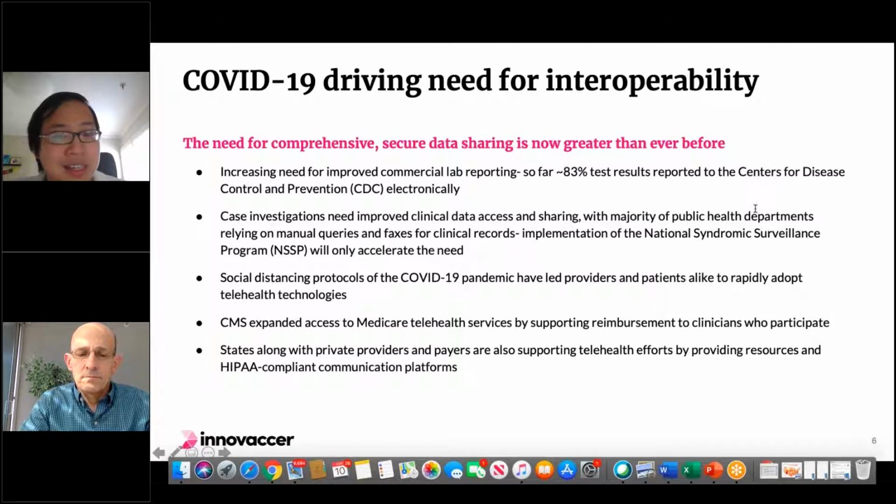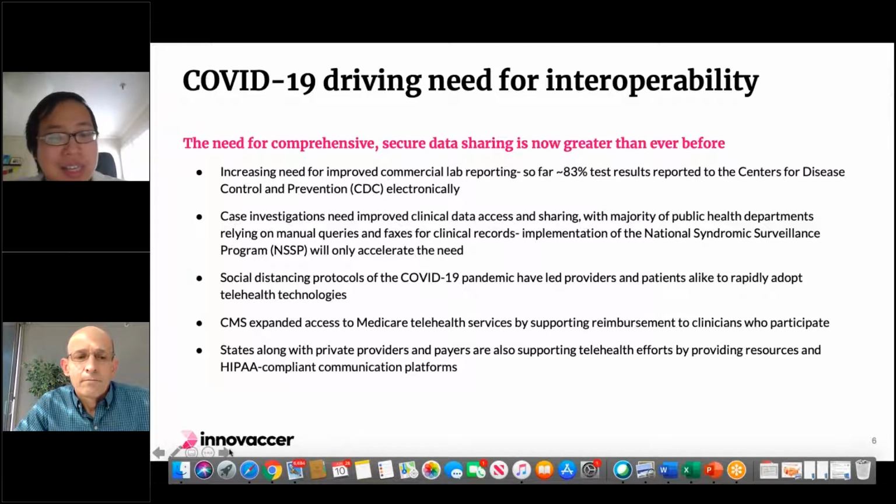Social distancing, likewise, has also driven providers and patients alike to adopt telehealth technologies. CMS has supported this by accelerating some of the reimbursement rules, especially in the Medicare space, and also the applicability of telehealth visits when it comes to risk adjustment and other needs.